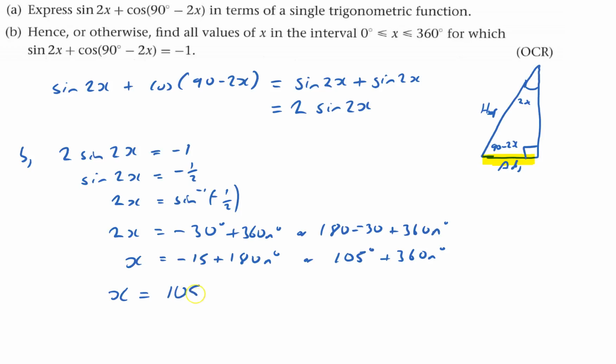The first one I've got is 105 degrees, or back over to here, if n's 1 is 180 minus 15, which is 165 degrees, or I forgot to divide this by 2, that's 180 n degrees, so that's 285 degrees. Yeah, it's a tough one talking. Or finally, 360 take away 15 is 345 degrees.